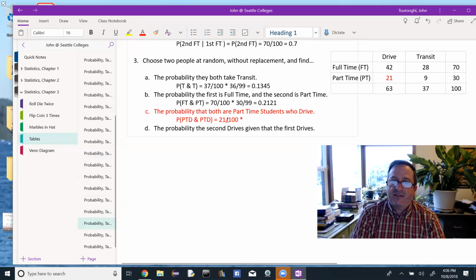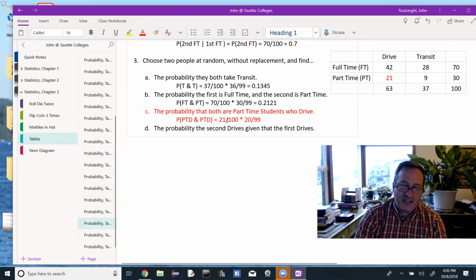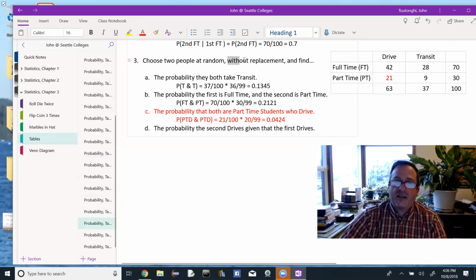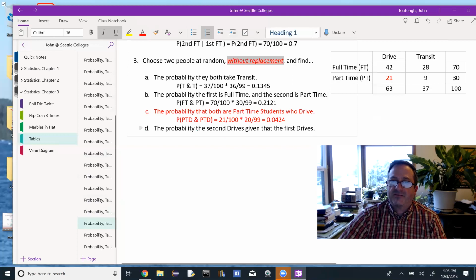Again, we have only 99 students left, but now we only have 20 who are part-time and drive because we took 1 out already. So times 20 out of 99. And again, these numbers are decreasing because we are choosing these people without replacement. We are not putting them back in once we've taken them out, thereby changing the probability of the second choice.